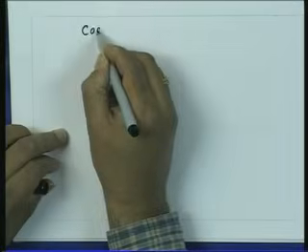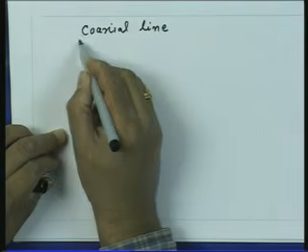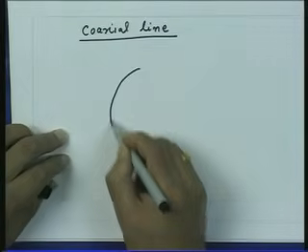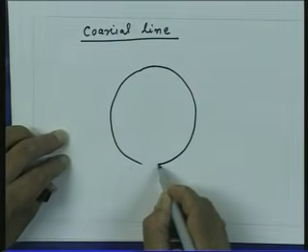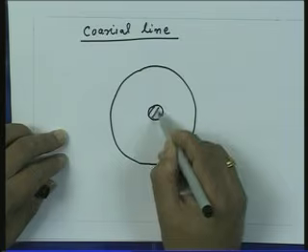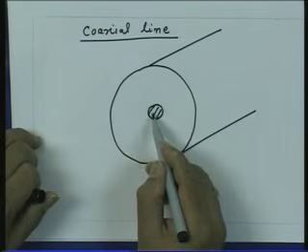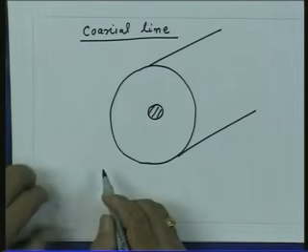The most commonly used transmission line is the coaxial line, which is practically used for making connections between any electronic equipment. This structure is the coaxial line. It has an outer conductor which is cylindrical and an inner conductor. These are conductors and you apply a voltage between the center conductor and the outer conductor.